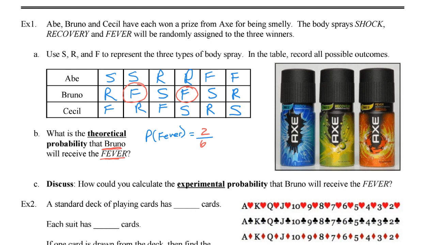Okay, so there's 2 choices out of 6. And then what we're going to do is simplify our little ratio or fraction to become the following answer, 1/3 as our final answer. So you could say the probability of Bruno getting fever is 1/3.